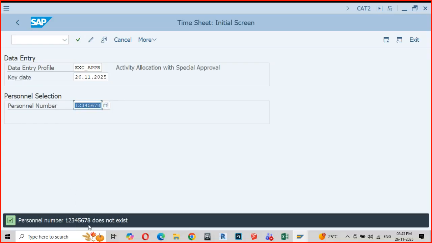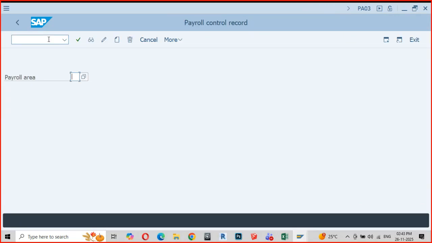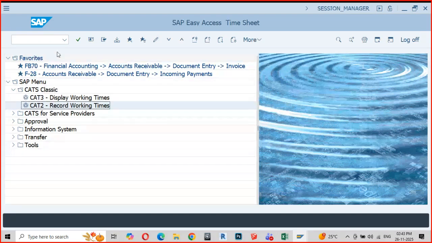See, personal number does not exist. So I had to create it, and whose responsibility is this? HR. All right. Where do they create it? Let me just check, students. This is your payroll. Okay, forget about it.